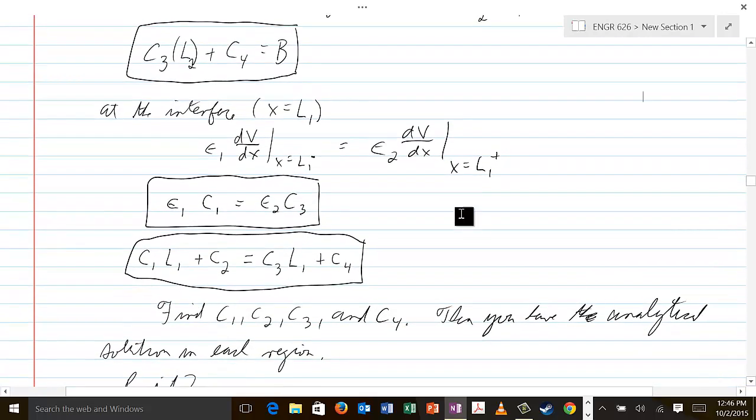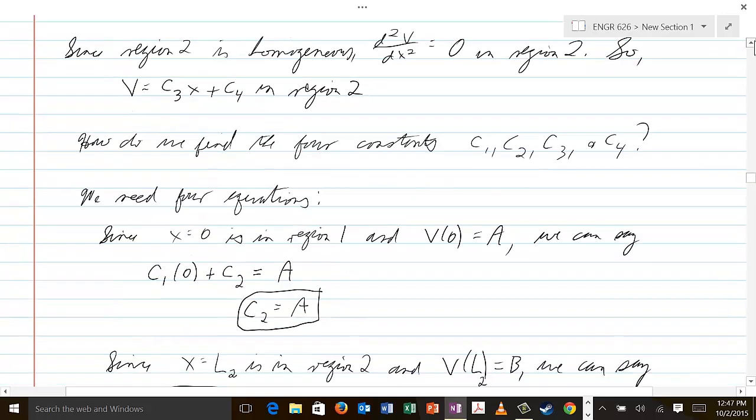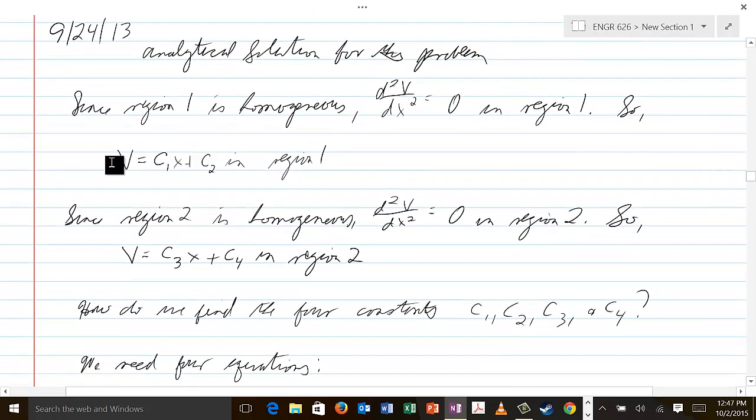And then our 2 other conditions we have at the interface: epsilon 1 dV dx is equal to epsilon 2 dV dx to the right. Notice that dV dx in region 1 is c1, if you take the derivative of the right hand side, and dV dx in region 2 is c3.